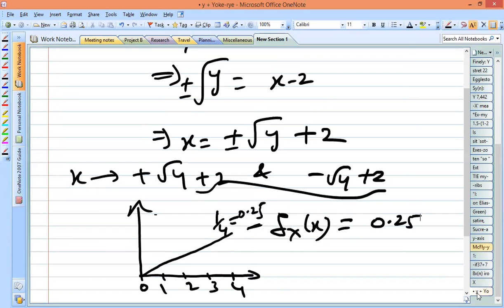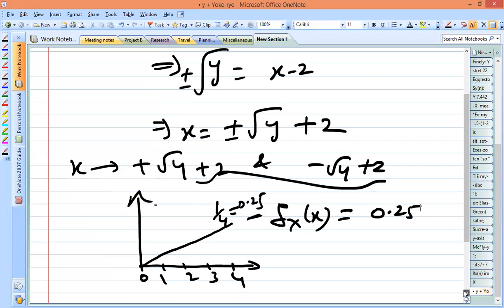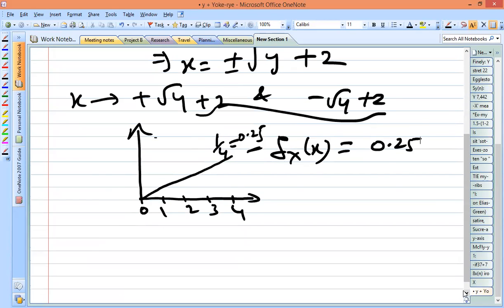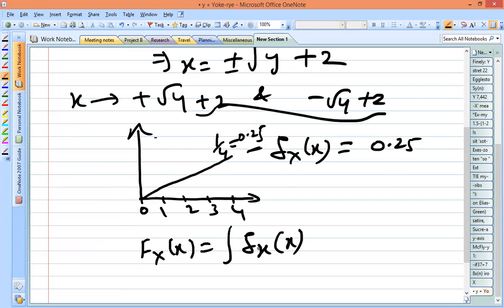Using this PDF value, we can also calculate the CDF value. As we know the relation between the PDF and the CDF, the CDF FX of x can be obtained by integrating the PDF fX of x with respect to x.